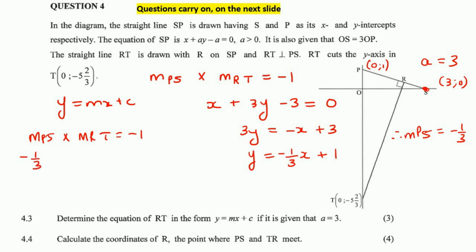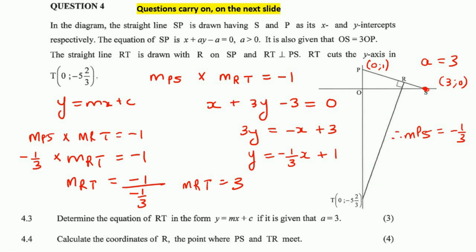I feel like I've said that 100 times. And the gradient of RT times that is -1. So the gradient of RT would be -1 divided by -1/3. If you work that out, we can say that the gradient of RT is 3. Fantastic. So the gradient of RT is 3.